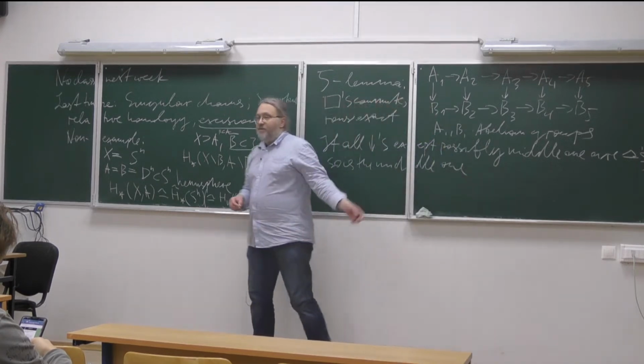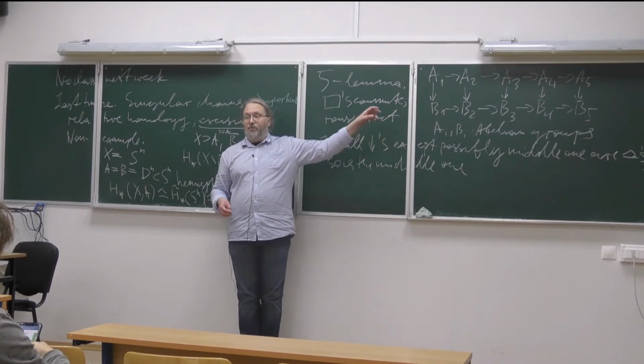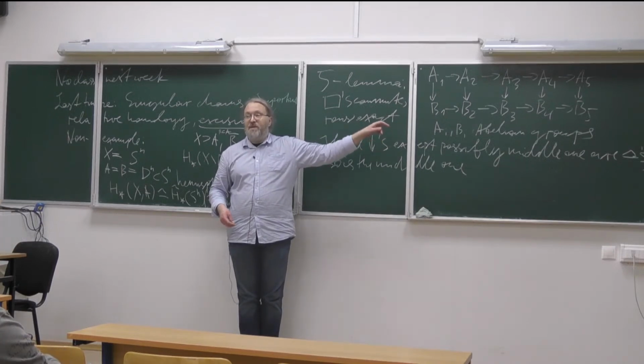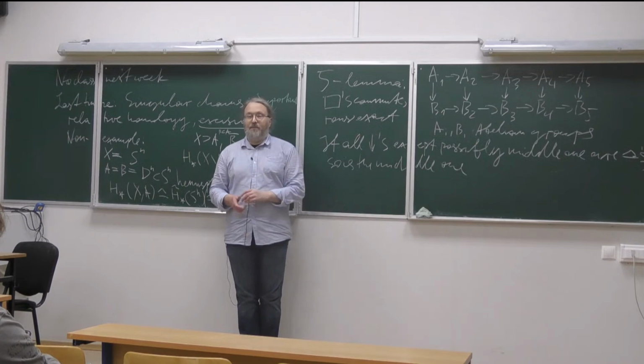If all arrows, except possibly the one in the middle, are isomorphisms, then so is the middle one.